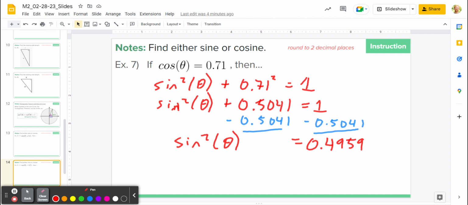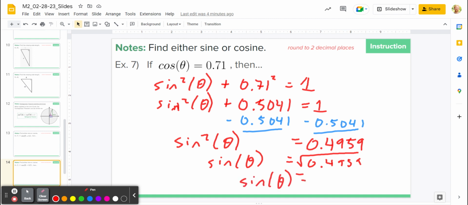And if we take the square root of that, that'll give us what sine is equal to. So sine is equal to the square root of 0.4959, which means that sine is equal to 0.70.